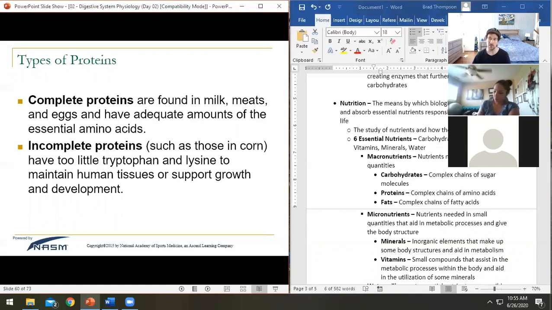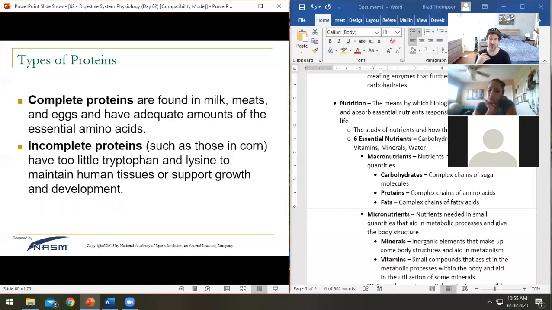But plants can be missing one or two of the amino acids and still be totally healthy, right? Like corn or spinach or peas or anything like that, right? All of those have fairly good levels of protein in them, but they are missing a few amino acids.